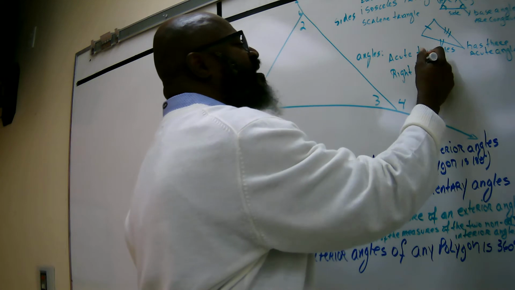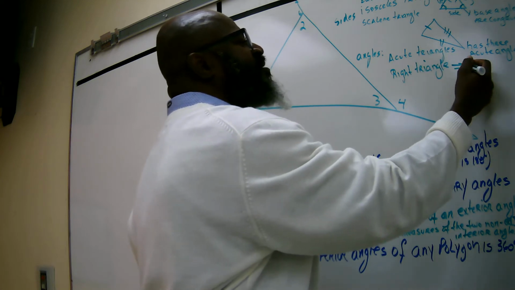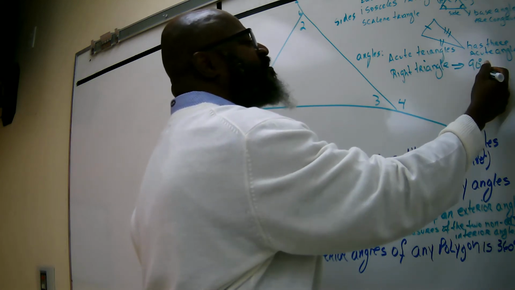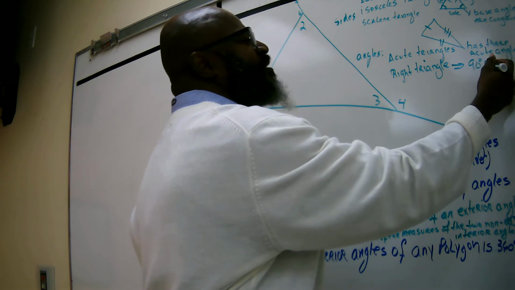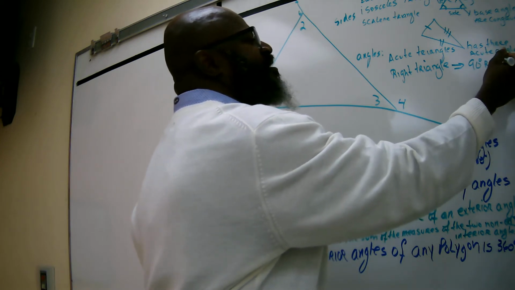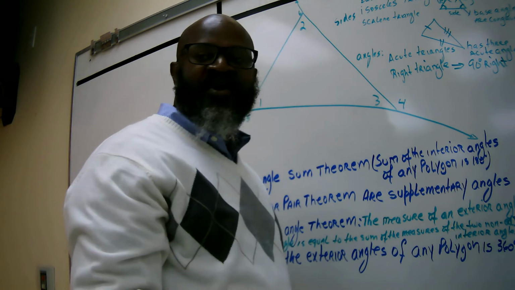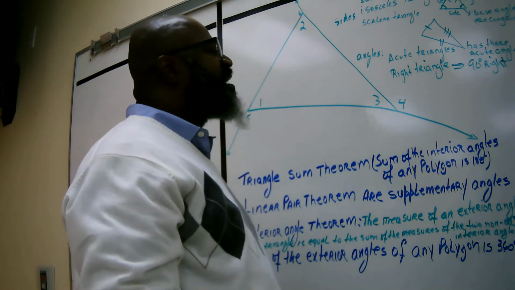A right triangle has exactly one right angle. One angle must be 90 degrees. Either you're going to see the number 90 or you're going to see a rectangular box.